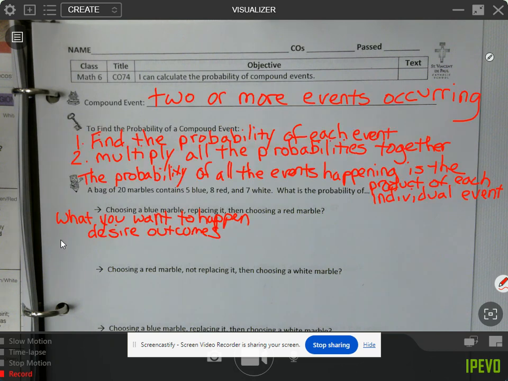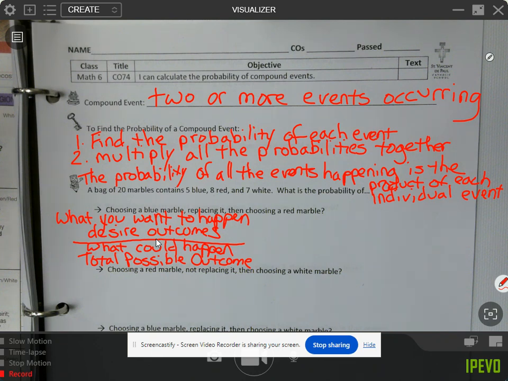That is over what could happen, which is total possible outcomes. So what you want to happen over what can happen, all possible outcomes. Your desired outcomes over total possible.